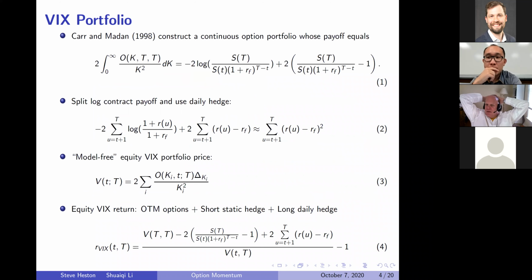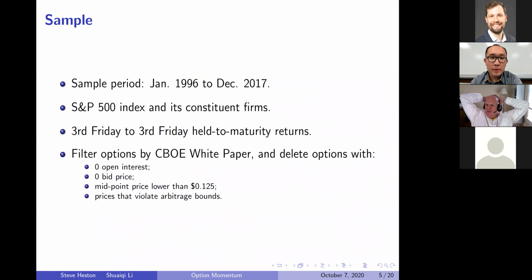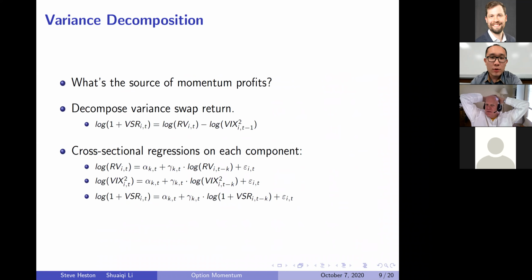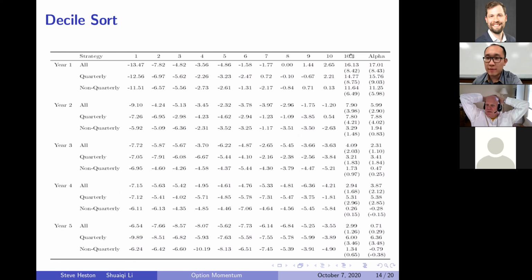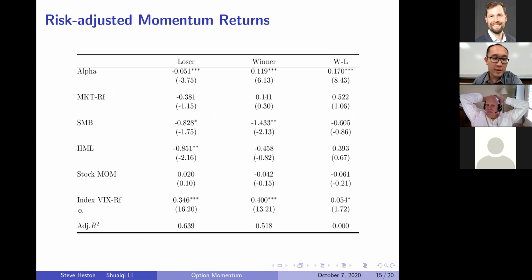That's the risk adjustment. So when we look at the decile portfolio return, we did adjust for the risk factors like the index VIX return. Here we include the excess return of the index VIX. Right, so that's the risk. Okay, so you have excess returns relative to this factor model. Yes.